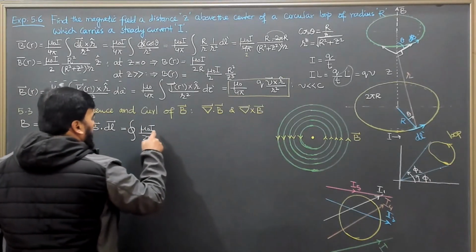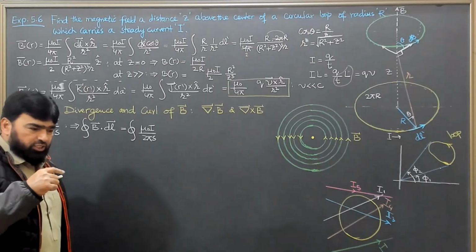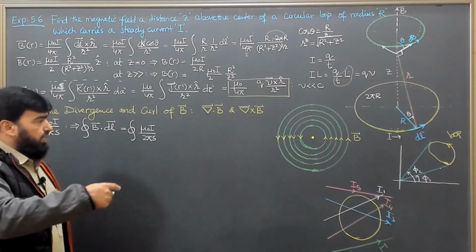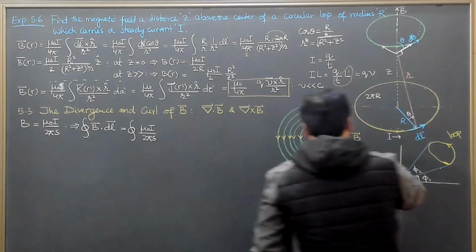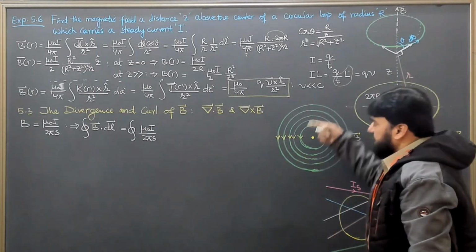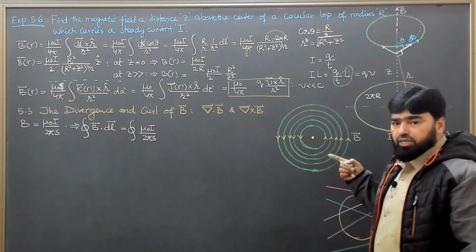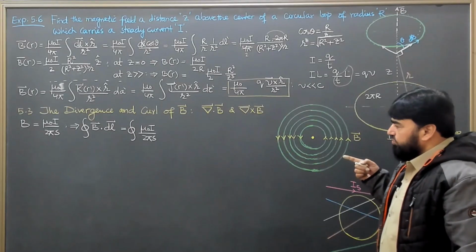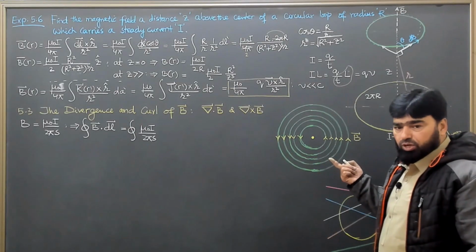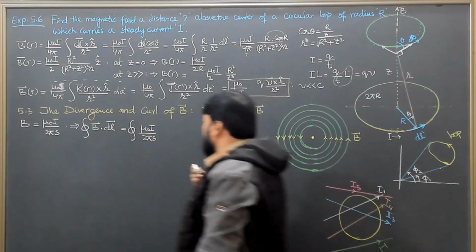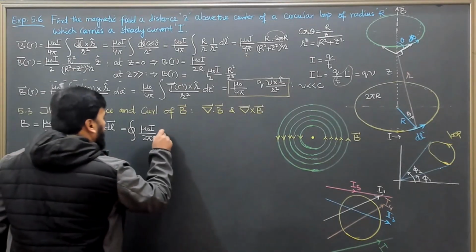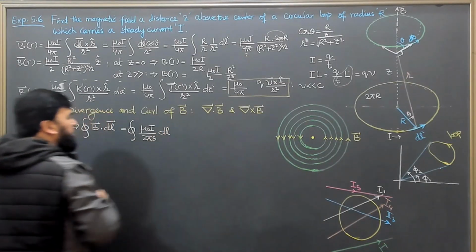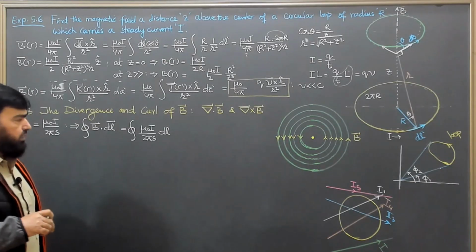Now the direction in which B is, the dl is also along that direction. So the angle is 0 and cos of 0 is 1. So we write B dl cos 0, and here dl will occur.